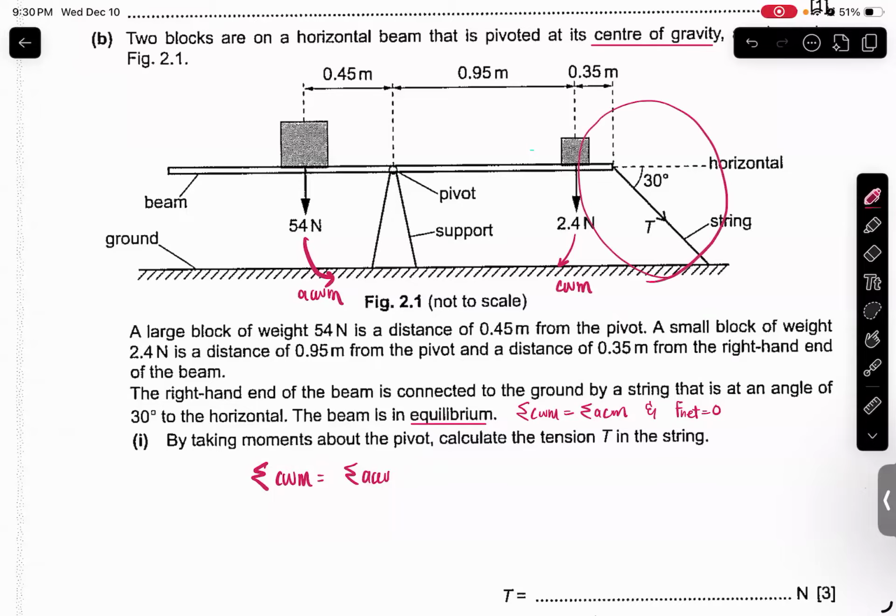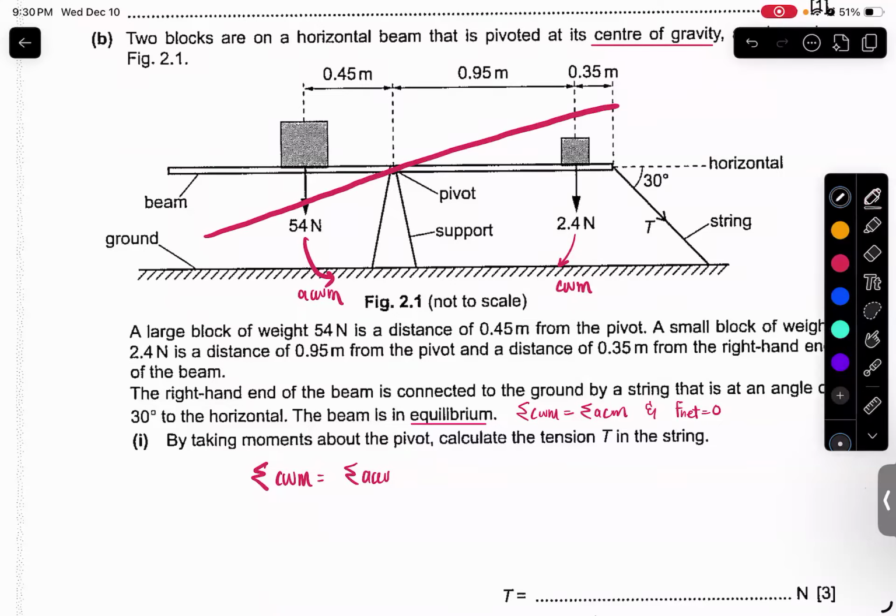Now, what about the string? Imagine if there was no string. If you need the string to keep the bar held in place, then if you remove the string, this bar would tilt like this. It's going to turn in this direction, right?